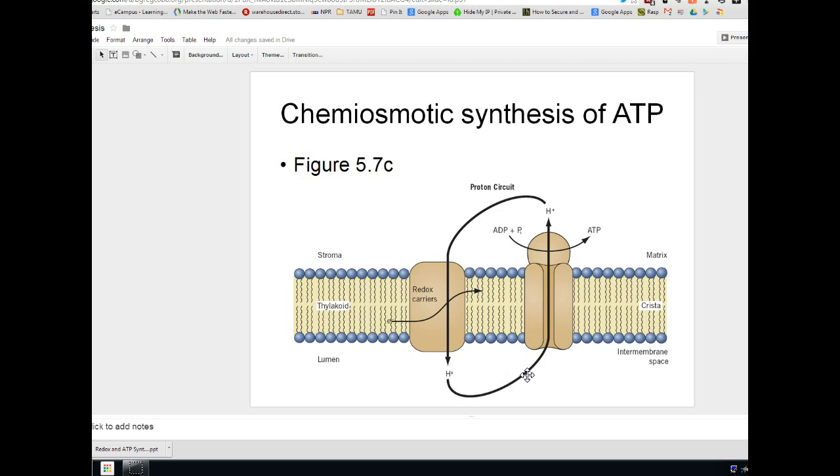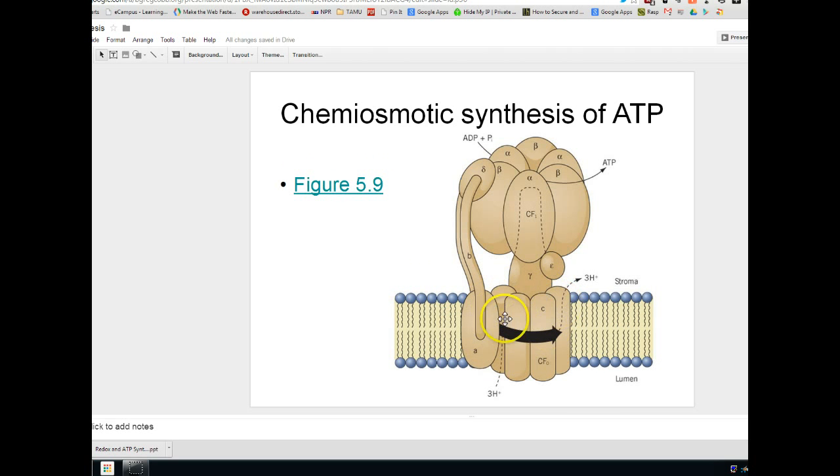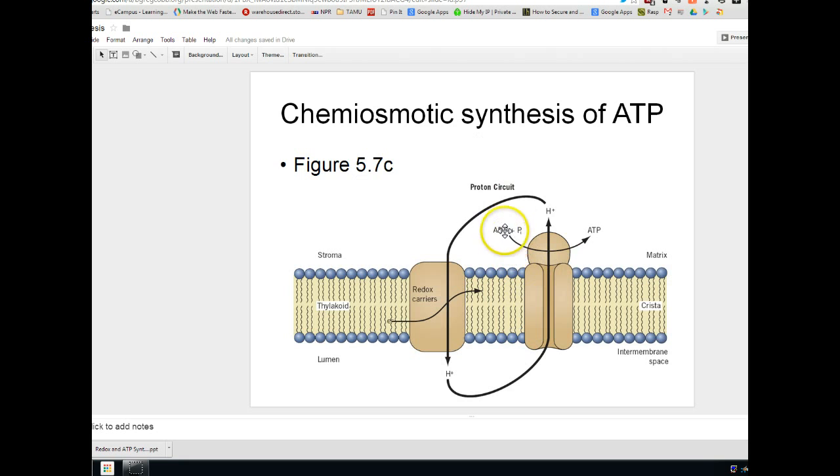And if you remember, when we talked about this before, if one side is positive, then the other side is negative. So by moving protons into the intermembrane space, we create this electrochemical force that can be used by channeling the protons through this machine to produce enough energy to drive the formation of ATP.